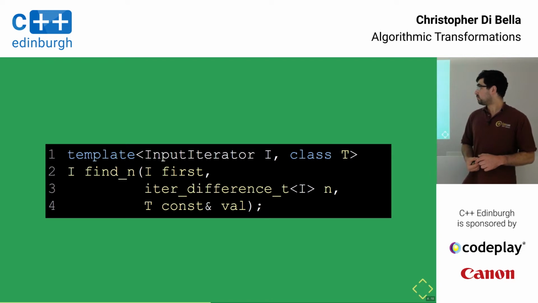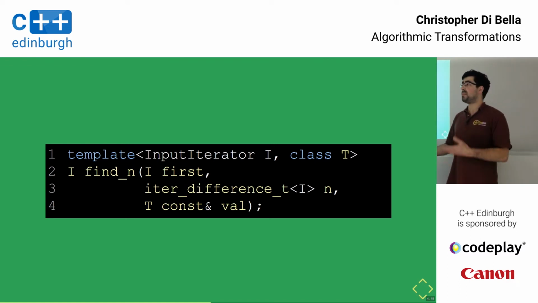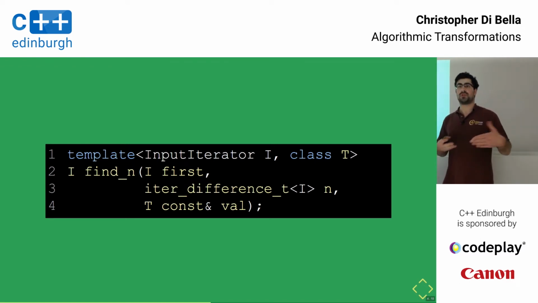Now, we would need to make some sort of algorithm that mimics counting down from an integer from 10 to 0, and then stop searching once we've reached that number. But there are about 100 algorithms in the standard library, and if we were to do this for all of them, we would run into problems pretty quickly.